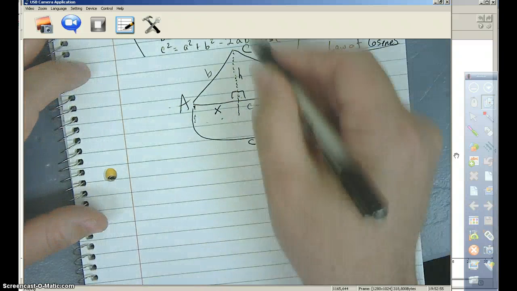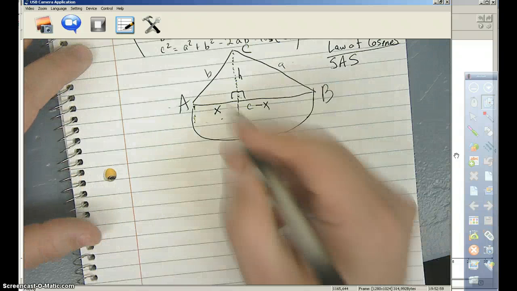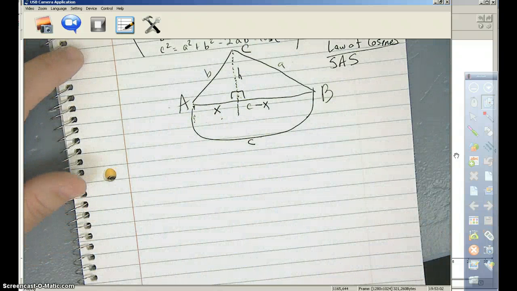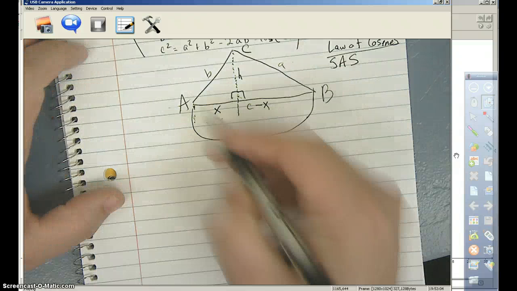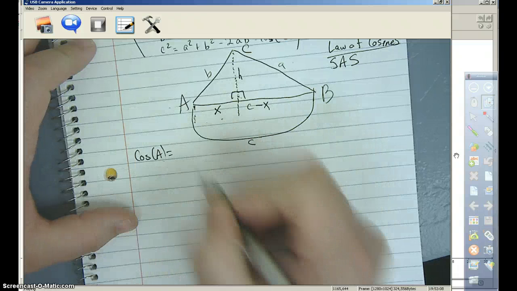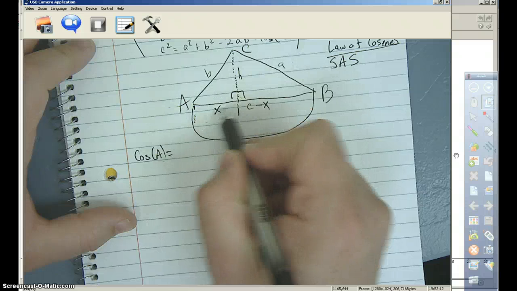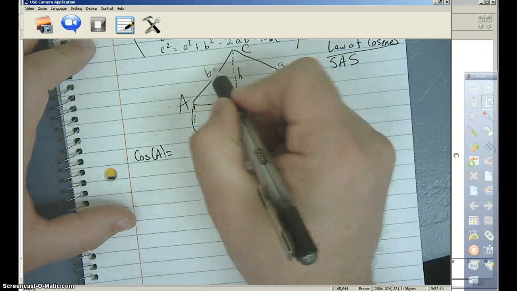So now I have some actual triangles I can work with. Let's go ahead and write our cosine of A. What is my cosine of A? We know that's a ratio, the adjacent side over the hypotenuse.